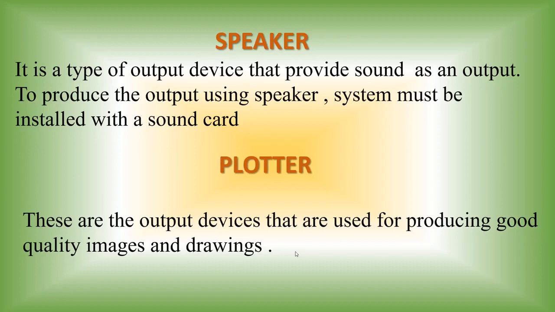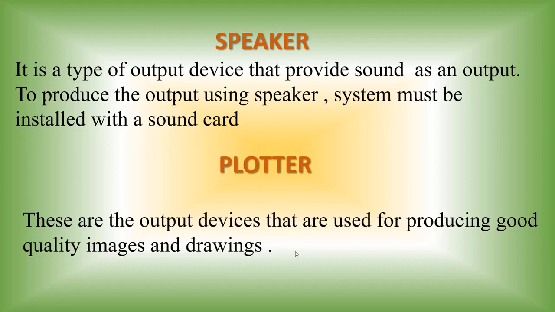The second type of output device is printer. Printer is used to take hard copy of the output. Two types of printers, impact and non-impact. Example for impact is dot matrix printer, which produces output by using a series of dots. Examples for non-impact printer are inkjet printer and laser printer.